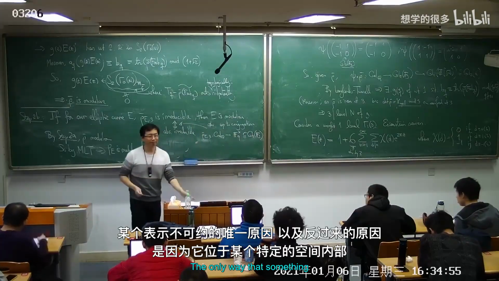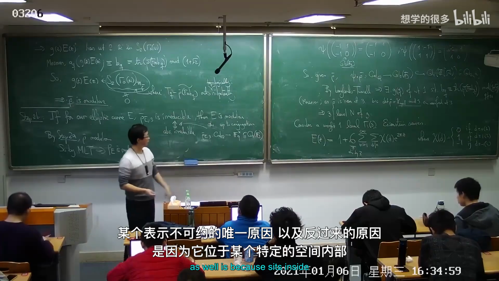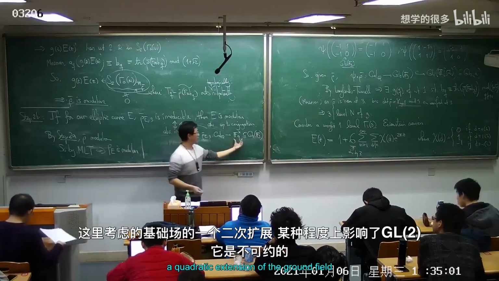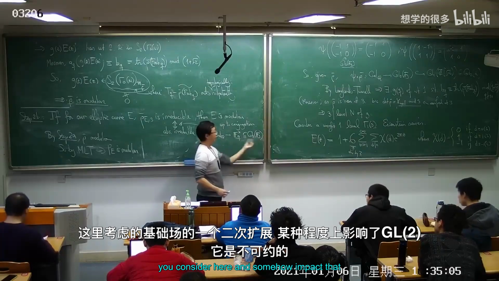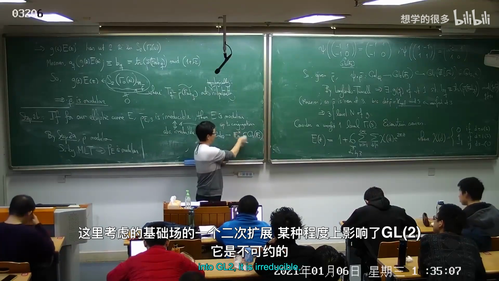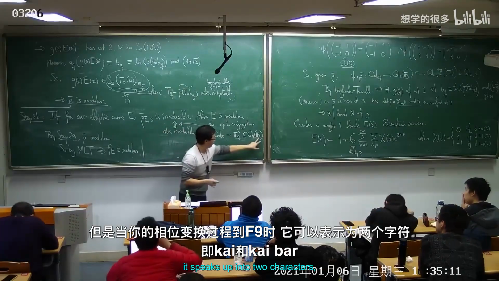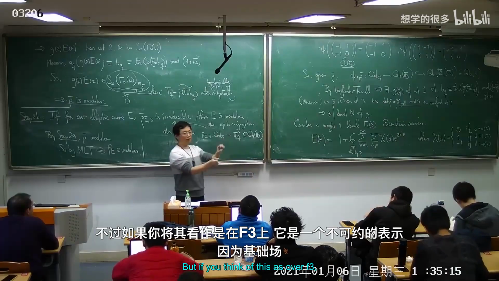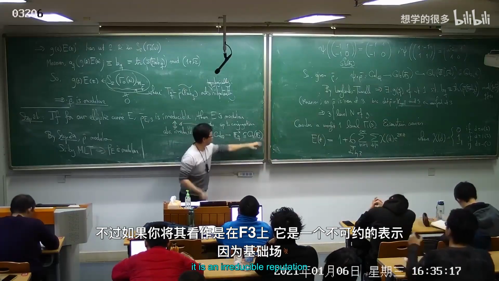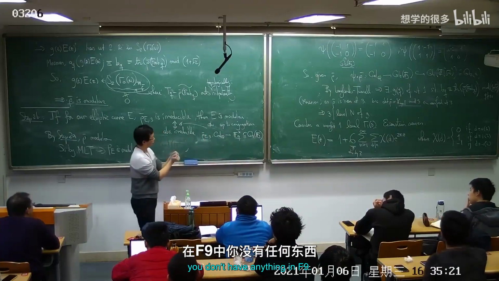The only way that something is irreducible but not absolutely irreducible is because it sits inside a quadratic extension of the ground field and embeds that into GL2. It is irreducible, but when you base change to F9, it splits into two characters, chi and chi bar. But over F3, it is an irreducible representation because you don't have anything in F9.